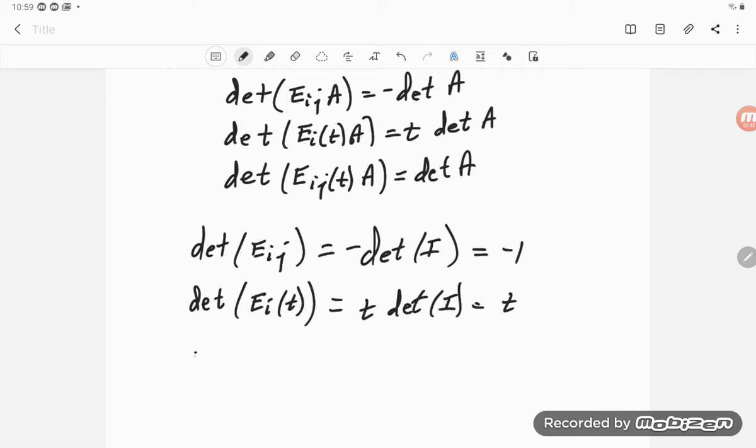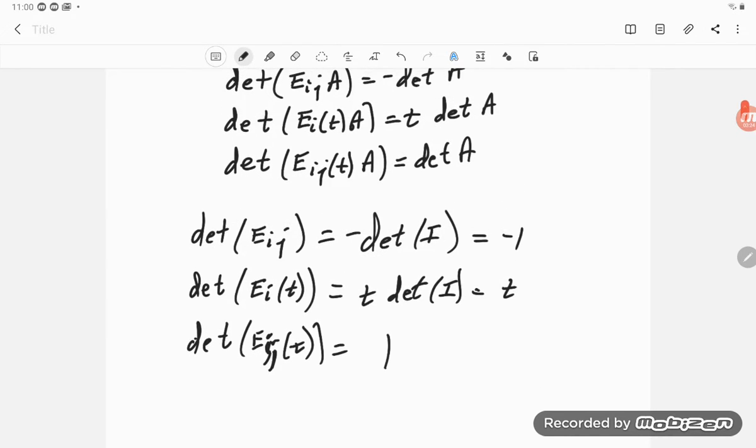So that's t times the determinant of the identity, but the determinant of the identity is 1, so that's t. And then the determinant of Eij of t: remember that Eij of t is a matrix that's the identity with a non-zero element either in the upper triangle or the lower triangle. So it's a triangular matrix with all ones down the diagonal, and so its determinant is 1.